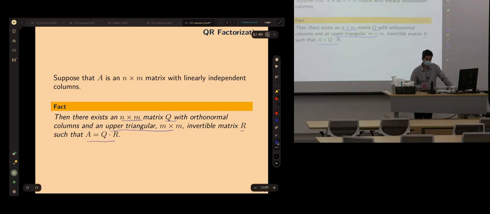So A, n by m, equals Q, n by m, where the columns of Q are orthogonal, times R, upper triangular, m by m. Remember, upper triangular means all the elements below the diagonal are 0.